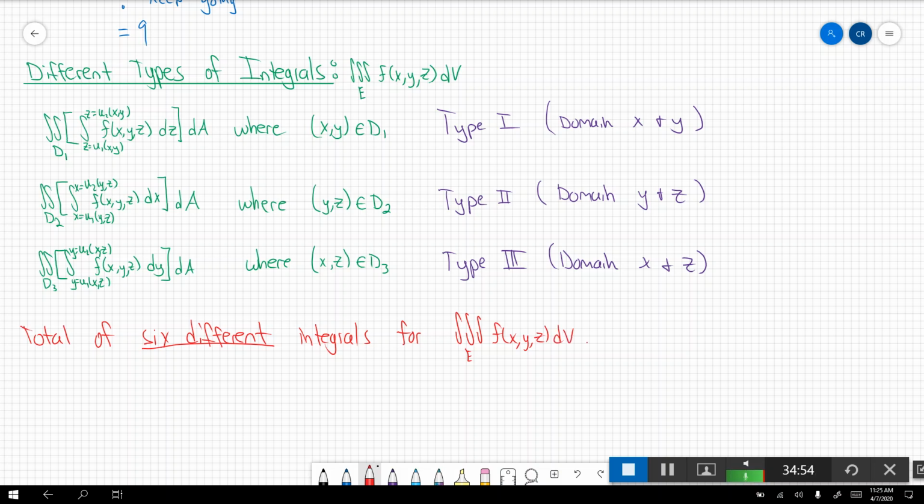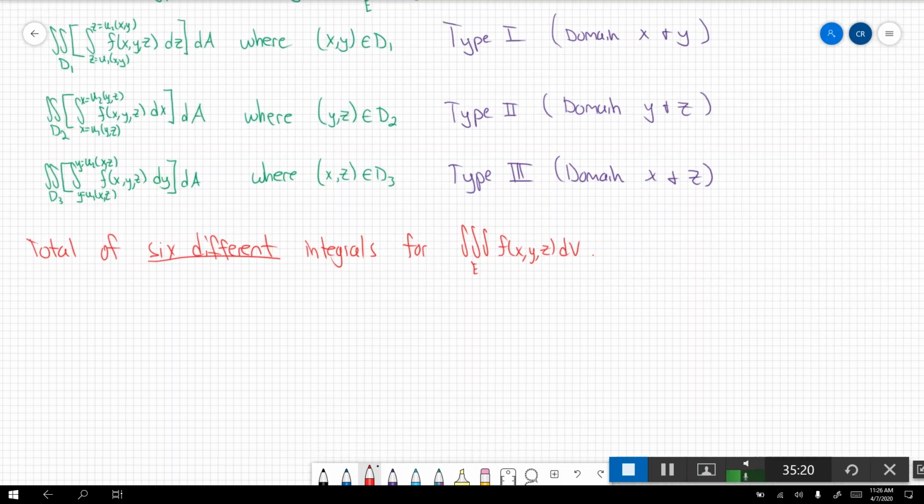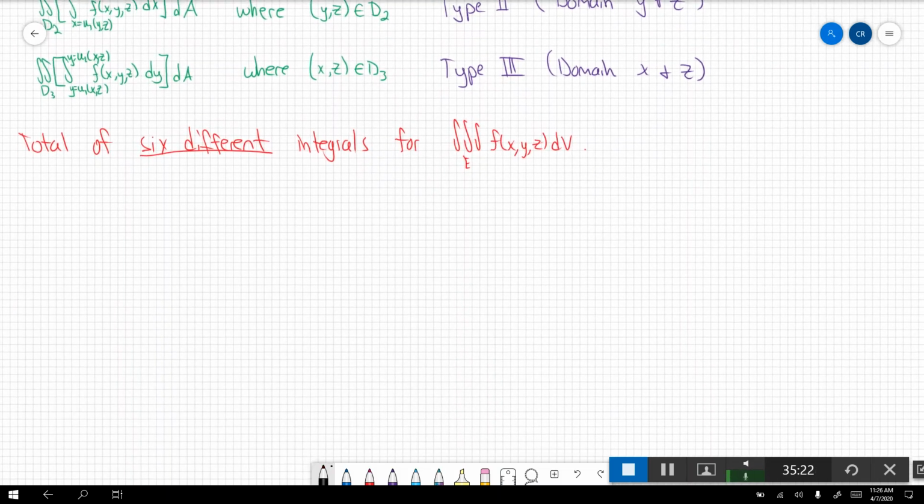So we have 6 different integrals that will get us the exact same answer. All right, so we got to sit back and think about it for a bit, because that's a lot now, right? It's not just one straight integral that's going to work. It's actually going to be 6 different ones that work. And the first question that should always be stemming should be, what is the domain that we choose? All right, so with that being said, we now want to go through an example.